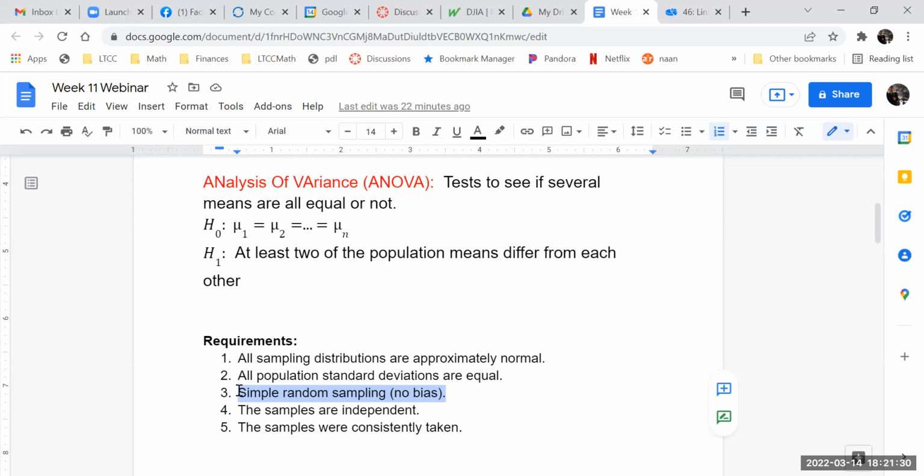So having simple random sample or no bias is very difficult. So what you usually do is you do your best to limit the bias as much as you can, and then you live with it. And you say, well, it's good enough. To get no bias is almost impossible, but you can do your best to kind of restrain the bias, make sure it's not too bad.